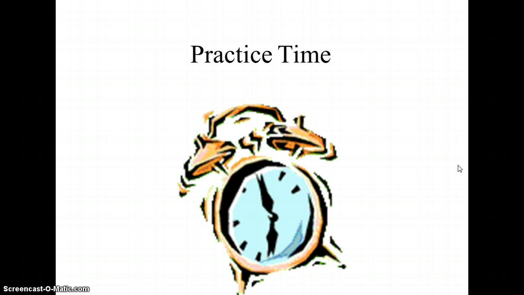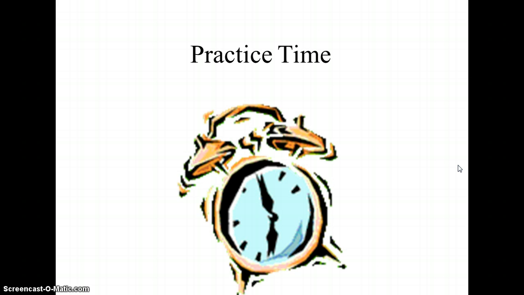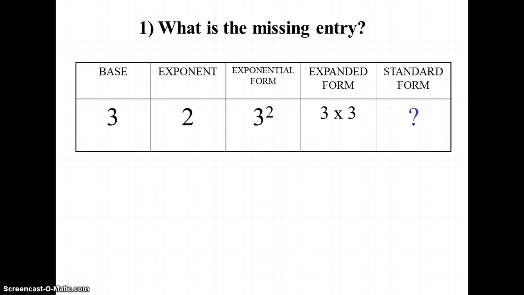Now it's your turn. We're going to go over an example together, and then I'm going to give you a table to try on your own in your notebooks. You're going to look at the table and figure out what is the missing entry. So in this case, what is the standard form? And I can look. The base is 3. The exponent is 2. So in exponential form, I would write 3 to the second power.